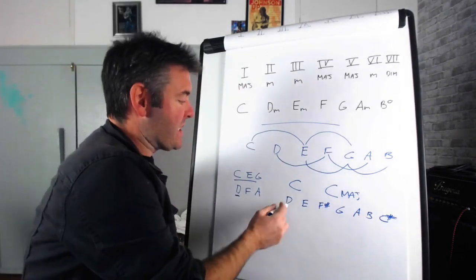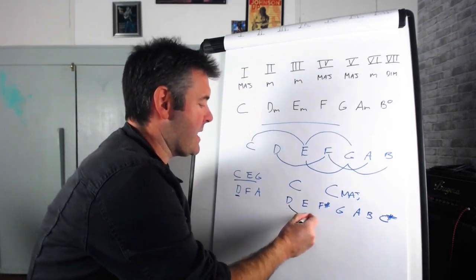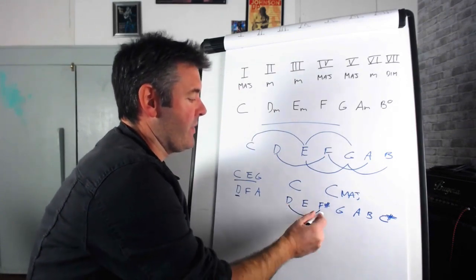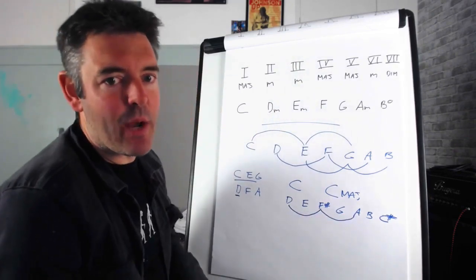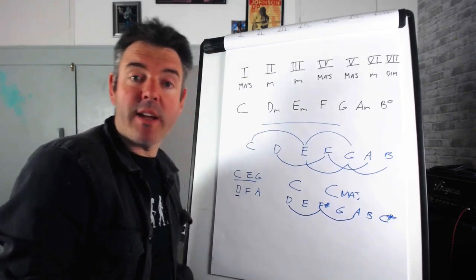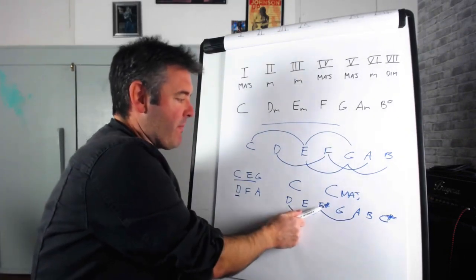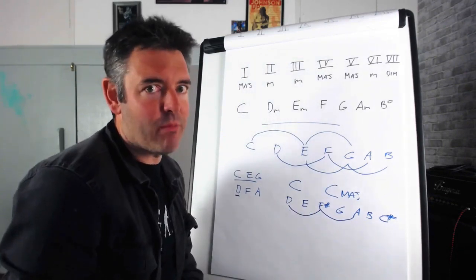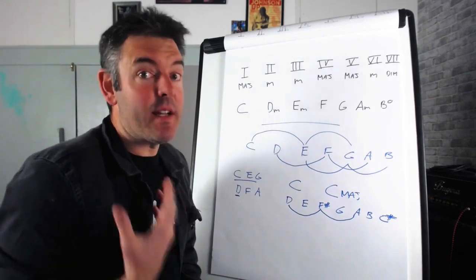It would be if we started on the first note in the D major scale and we hopped over the next note, which is E, we'd land on the F sharp, hop again, we land on A. So we could say, well, the notes in the D major triad would be D, F sharp, and A, because F sharp is the third note in the D major scale. I hope that makes sense. So D, F sharp, and A are the notes in a D major triad.